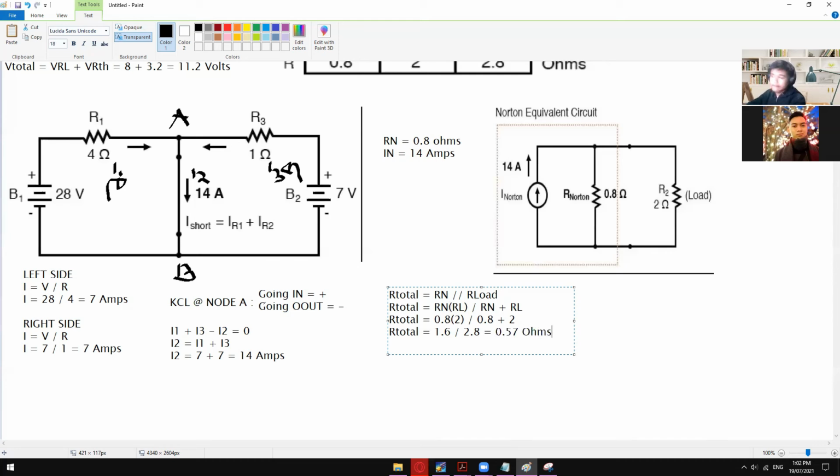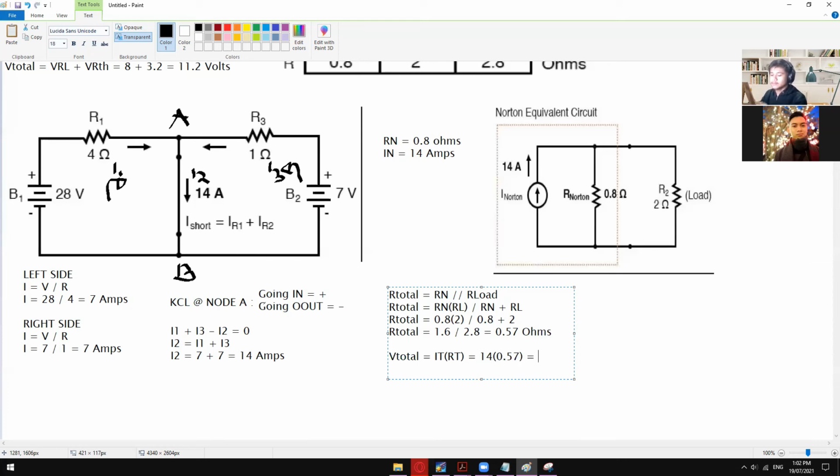0.57 ohms. Okay, so after having the R total, we can now find the V total. V total is equal to I total, IT for short. I total times the R total. I total is equal to 14 amps, which is our I Norton, times R total, which is 0.57 ohms.